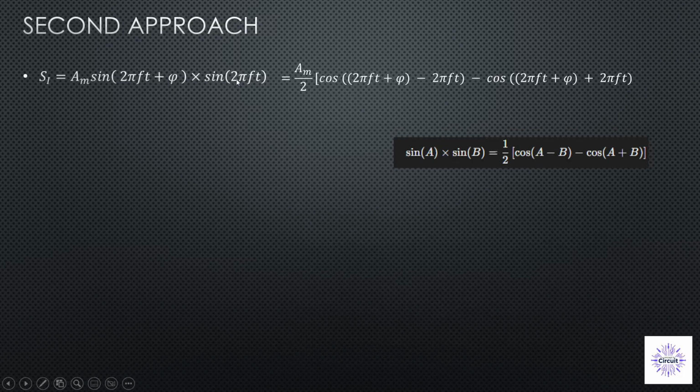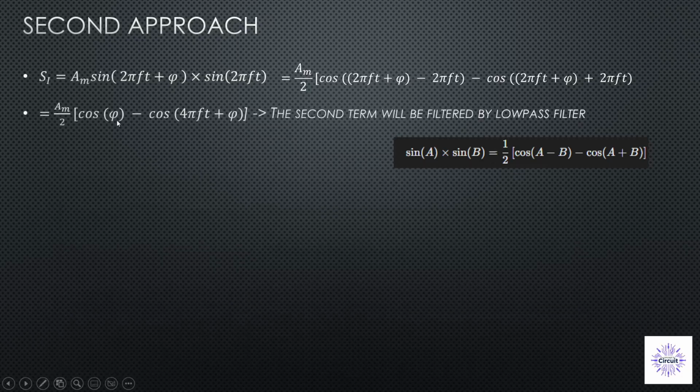Now, this term minus this term, 2 pi ft plus phi minus 2 pi ft. The second term, minus cosine of this term plus 2 pi ft, which will end up in this equation, AM over 2 cosine phi minus cosine 4 pi ft plus phi.